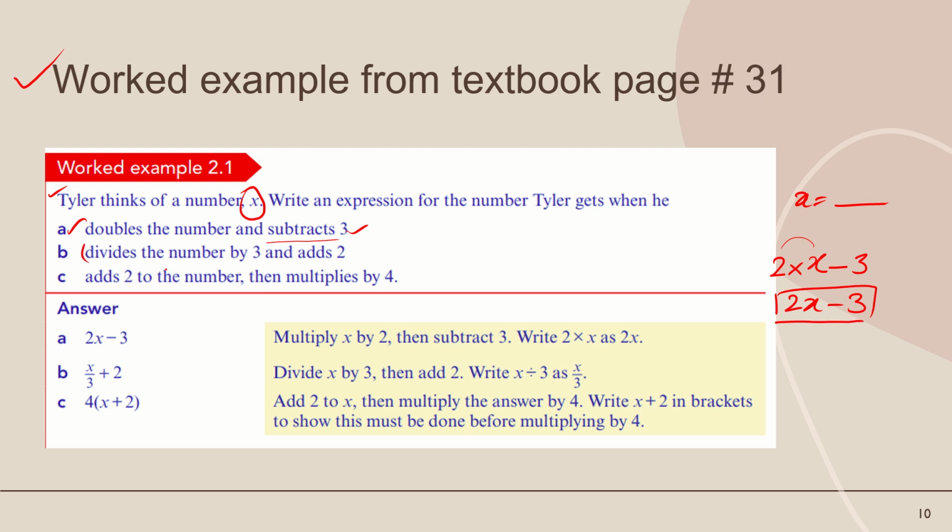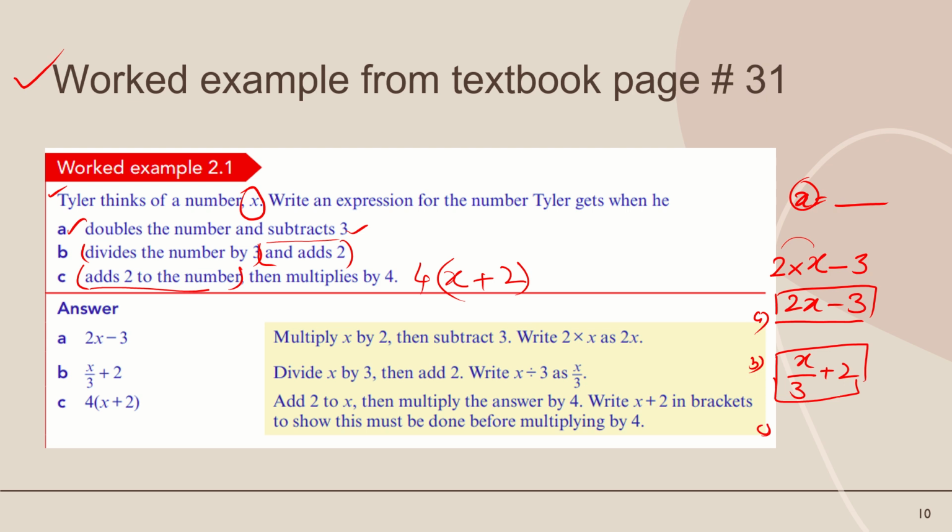Part b: divide the number by 3. It has two parts. First, divide the number by 3, and write this. The second part is add 2. So this is the answer of part b. The third one is: add 2 to the number, then multiply by 4.